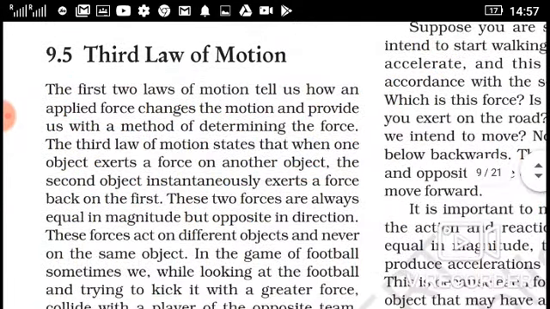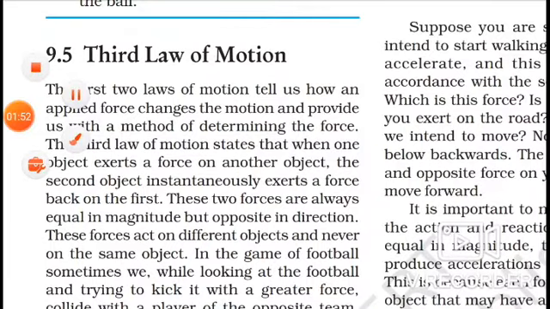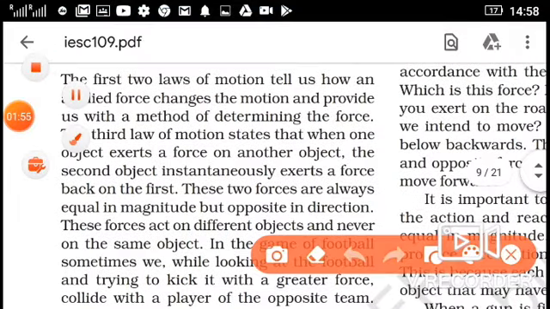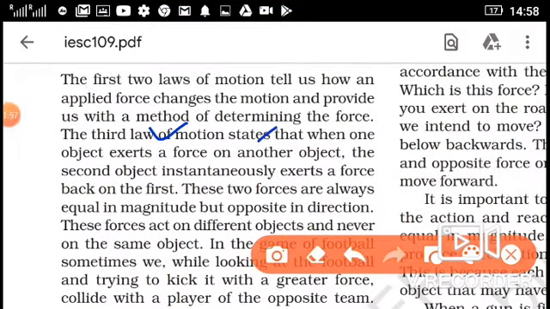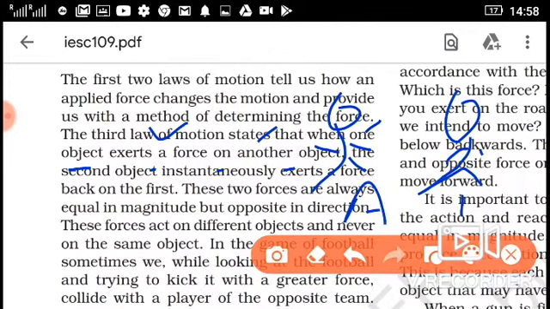Now we are talking about the third law. The third law of motion states that when an object exerts a force on another object, suppose this is a boy, and this is another boy. Suppose boy A pushes boy B, meaning he is applying force on him.